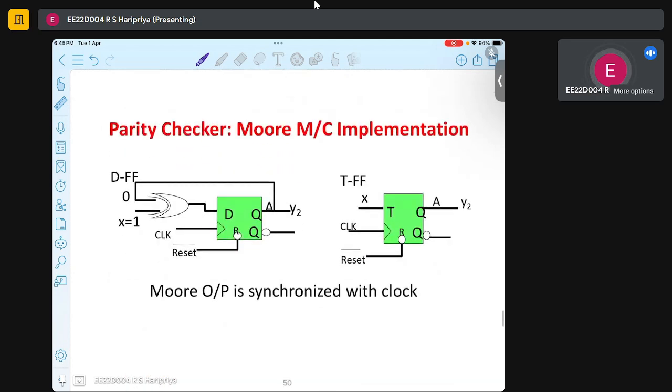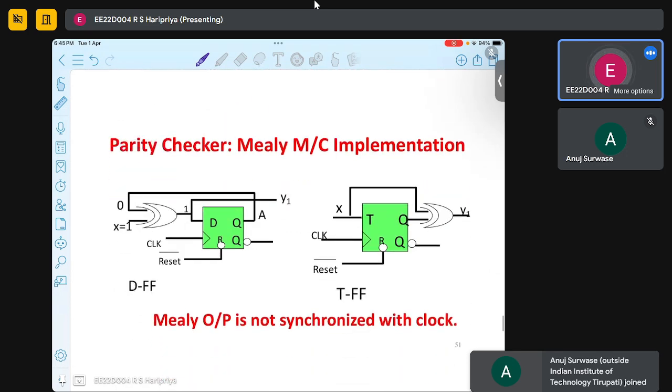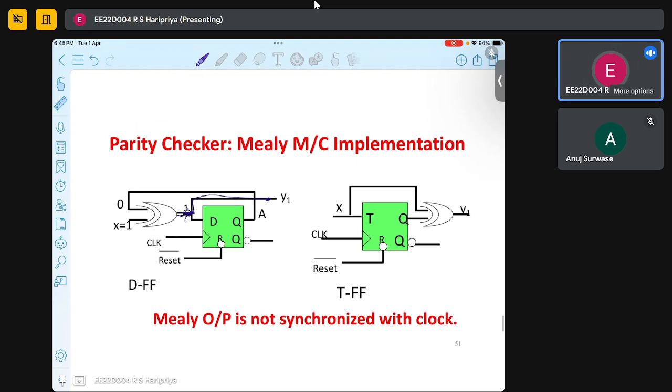So if we have a Moore FSM, this is the output. Output depends on the state, but the state depends on the input as well as the previous state. Similarly, if we have a Mealy, the output depends on the input because the output is taken from here, which depends on the previous state plus the input.